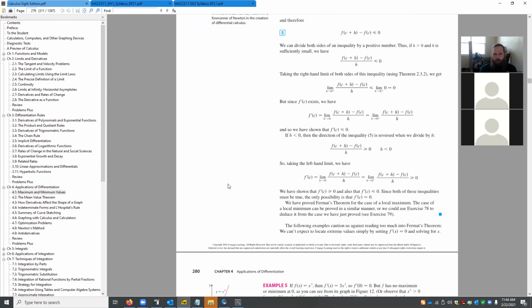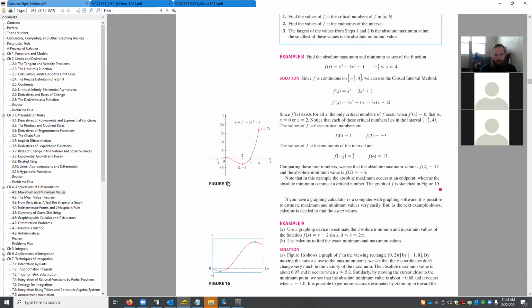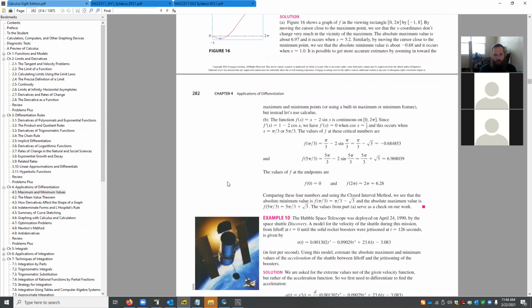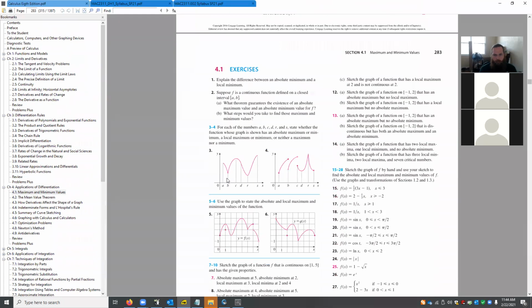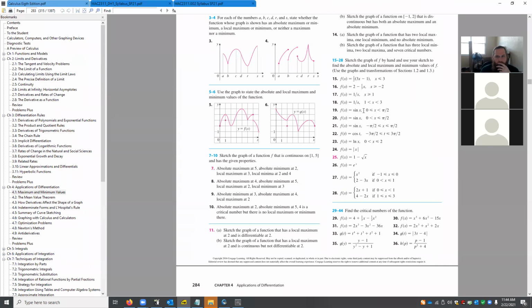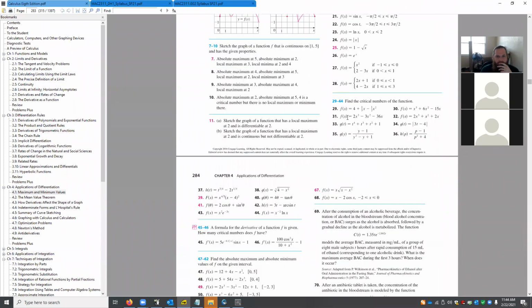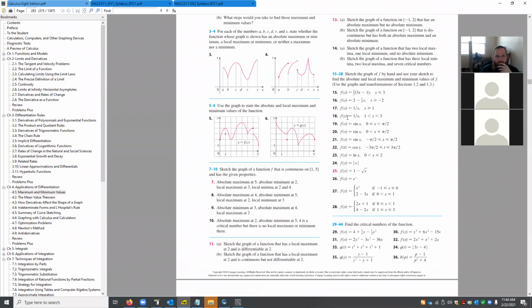I'd like to do something where we have some interesting stuff happening at a vertical tangent line or something like that, where we're really likely to get into trouble. So let's see what we have here.